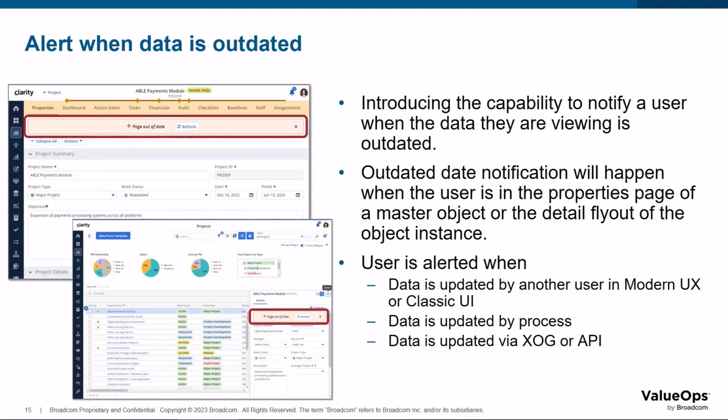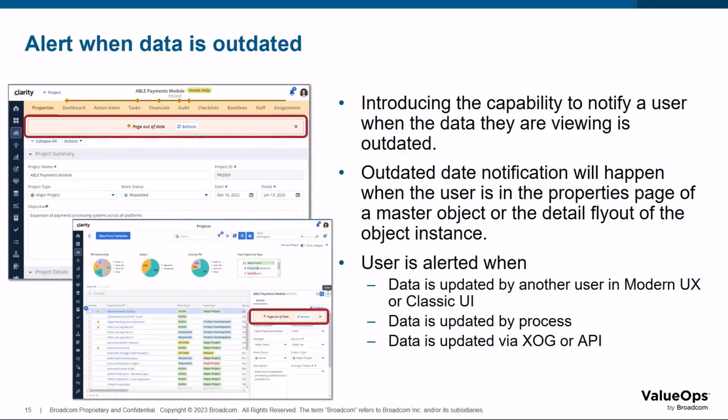The scope of this functionality is going to be limited. It is not going to be available everywhere, but only in certain parts of the application. The outdated notification will happen when the user is in the properties page of the master object or in the detail flyout of an object instance. So only in those specific cases.